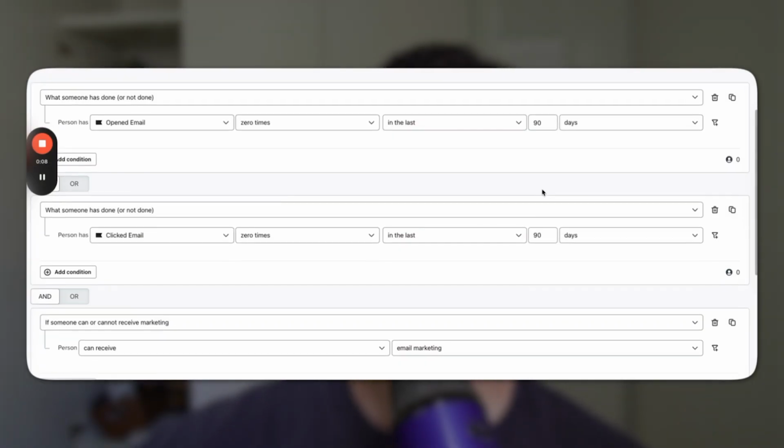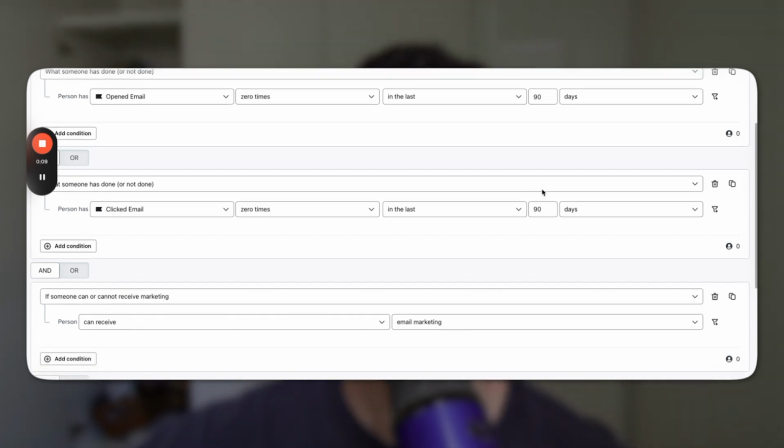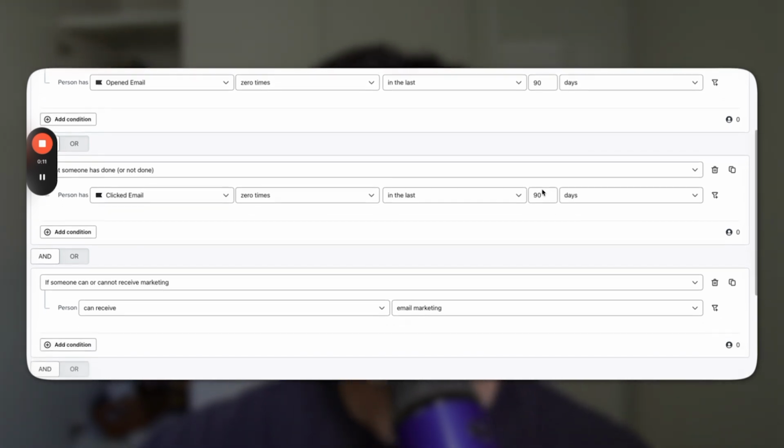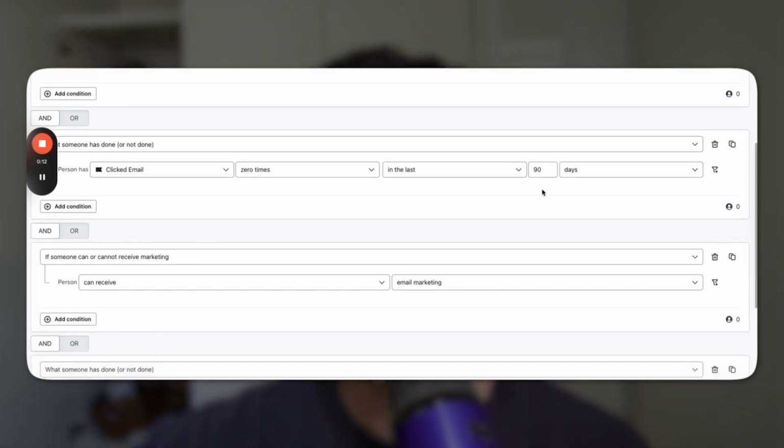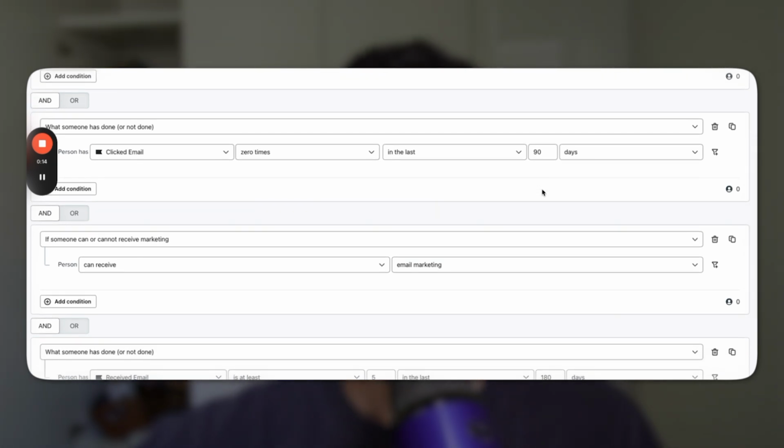And if you were to click or, for example, in this setup, it means that they can sit in either of those buckets and they'll still enter that segment. But we're using and segments here. We want to be really strict around what we're selecting. And so the first one there you've just heard was opened email 0 times in the last 90 days. The next one is clicked email 0 times in the last 90 days, and they can receive email marketing, right?